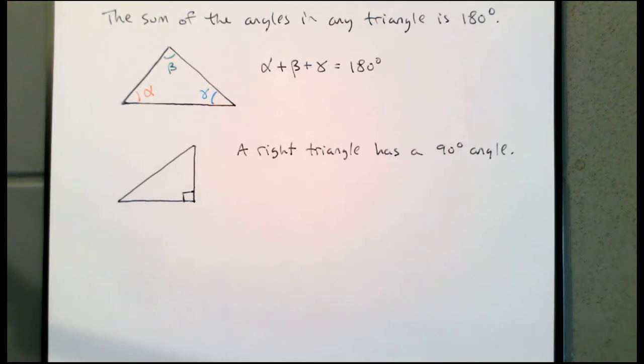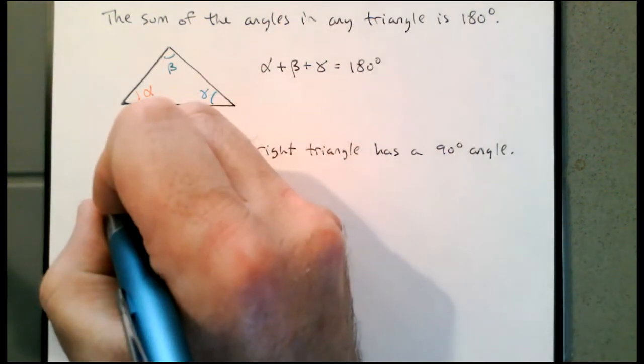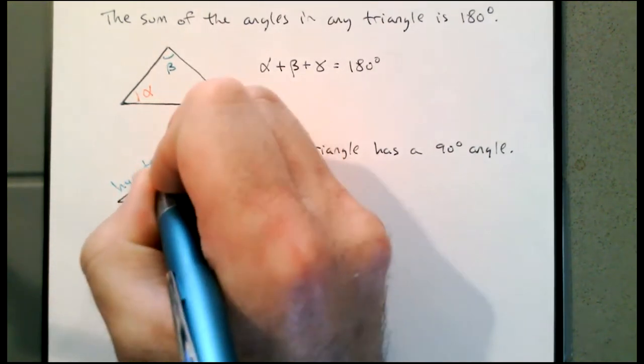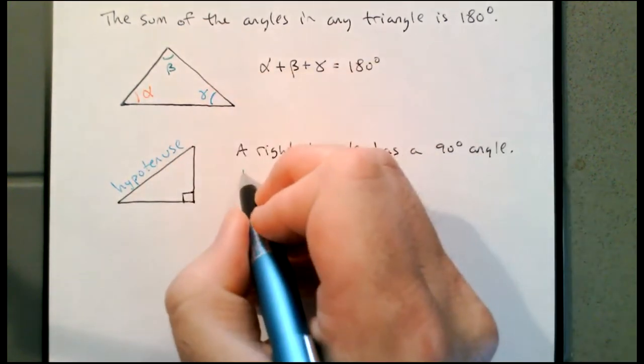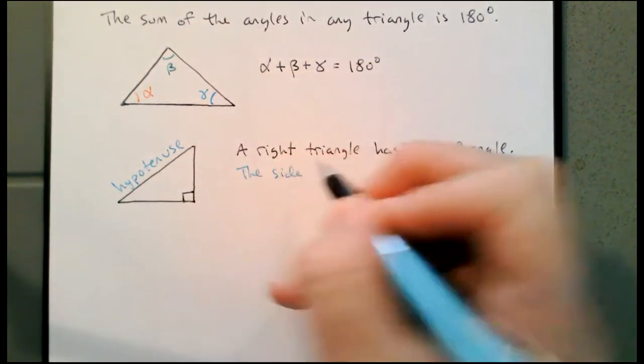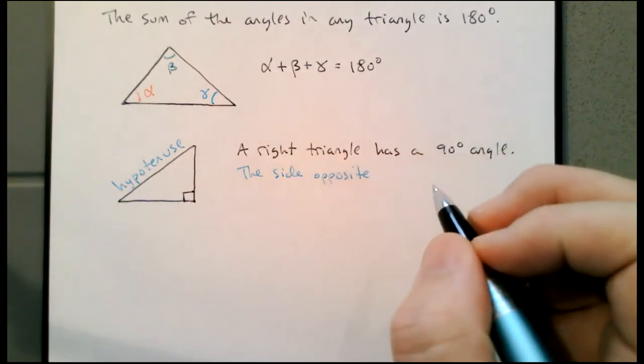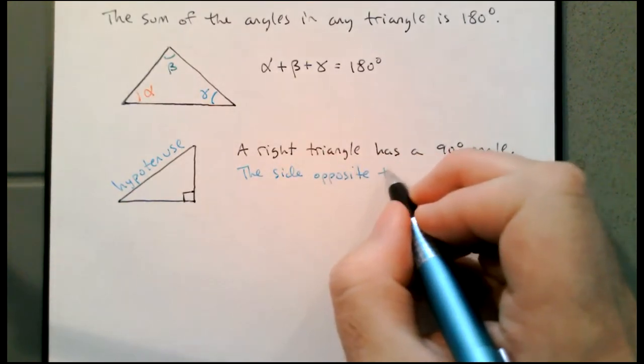Moreover, when we have a right triangle, we have a name for the side opposite the right angle. What's the name for the side opposite the right angle? Hypotenuse. The hypotenuse. So the side opposite the right angle is called the hypotenuse. Notice there's only one right angle, so I could say the right angle.